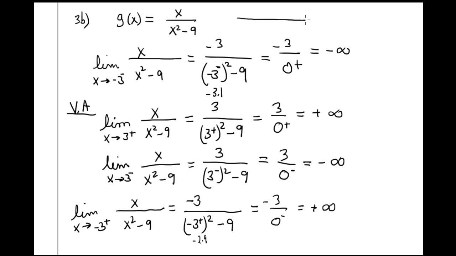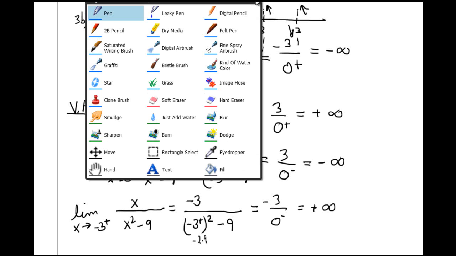We have -3 and +3. At -3 from the right it is positive infinity, at -3 from the left it is negative infinity, at 3 from the right it is positive infinity, and at 3 from the left it is negative infinity. Okay, this is the picture to summarize everything about the vertical asymptotes.